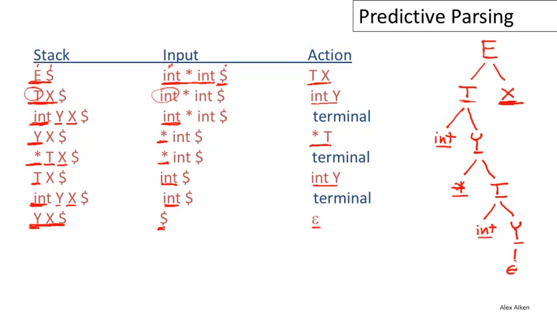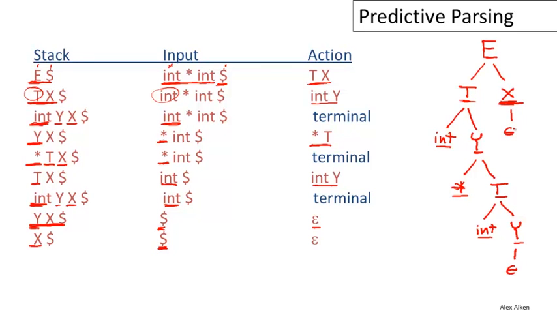So Y goes to epsilon, that means Y just gets popped off the stack. Epsilon is the empty string, so nothing gets pushed on the stack. And now we're down to X. And in the situation where X is the next non-terminal and $ sign is our next symbol, we're at the end of the input, then the table also says to use the production X goes to epsilon.